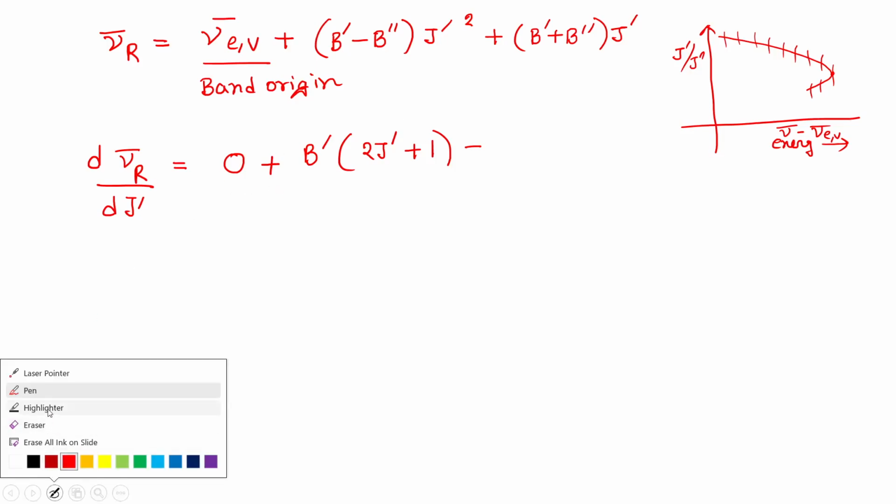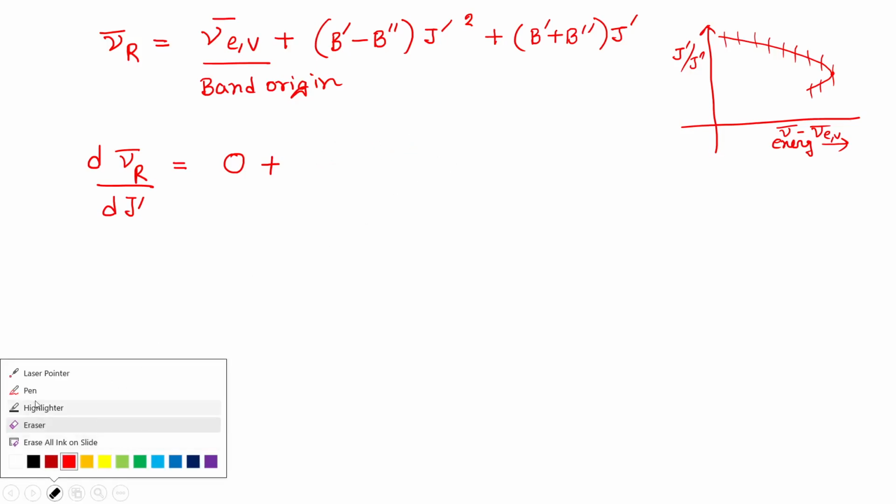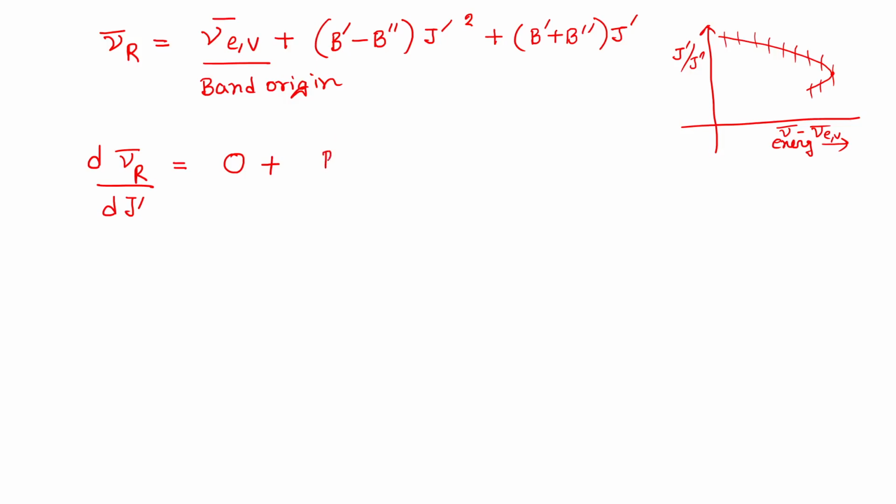So what are we going to get from here? We are going to get B dash minus B double dash, 2J dash plus this as it is. And at this point, this is an inflection.